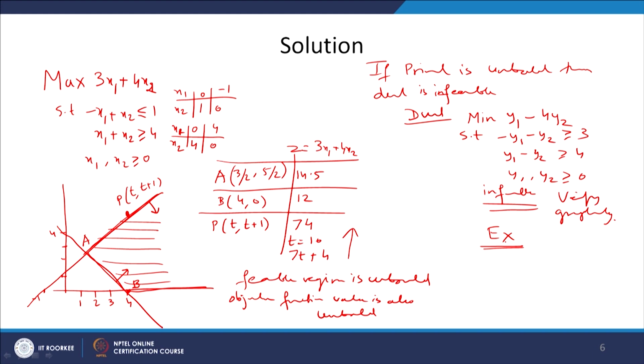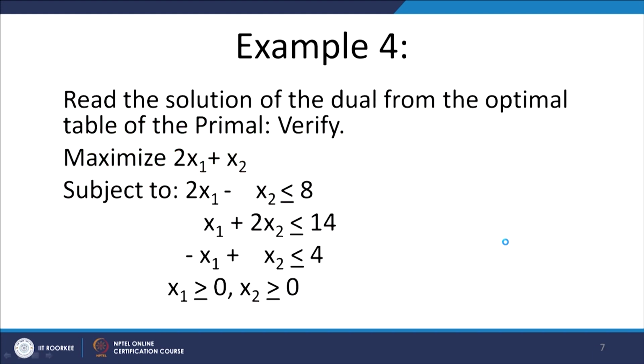Next, let us look at the next example, which says: read the solution of the dual from the optimum table of the primal and verify your results.